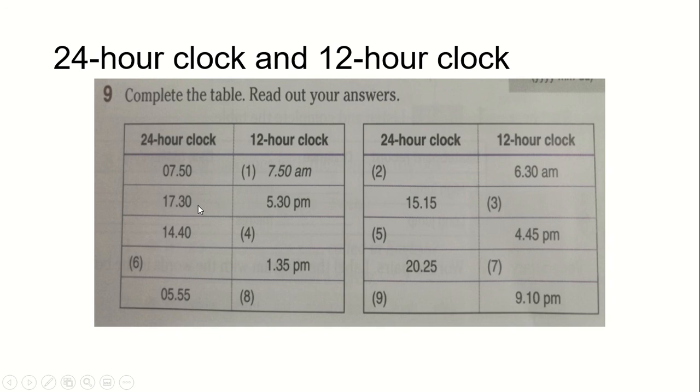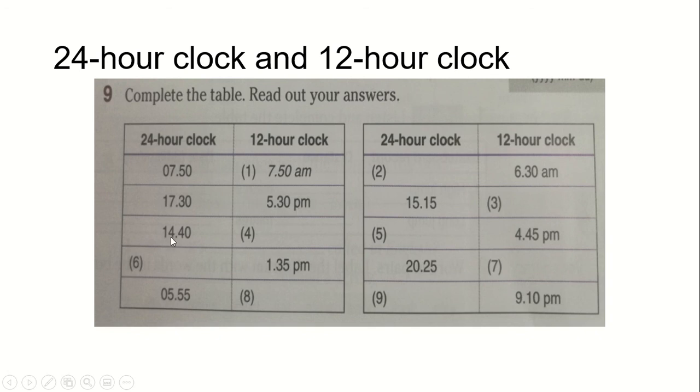Okay, 17:30. It's 5:30 p.m. When we transfer from a 24-hour clock to a 12-hour clock, we take out 12 and we add PM.